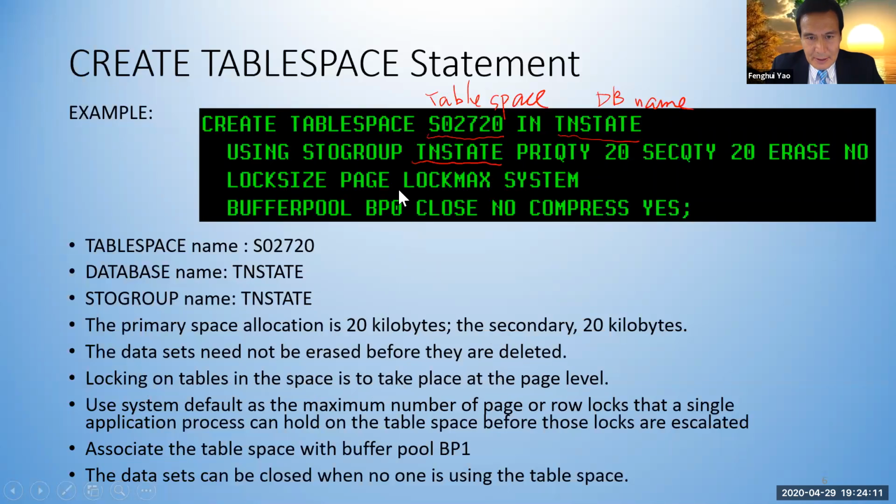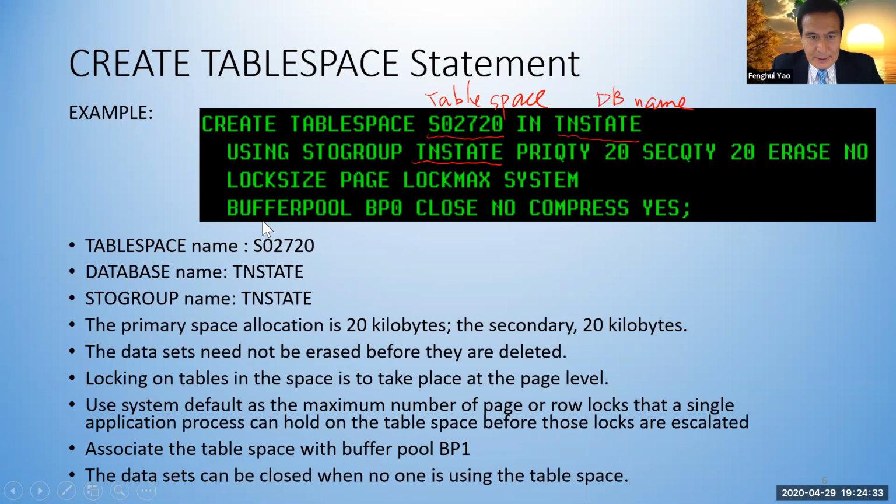And then next, log max system. So it means use the system default as the maximum number of page or row logs that a single application process can hold on the table space before those logs are escalated.